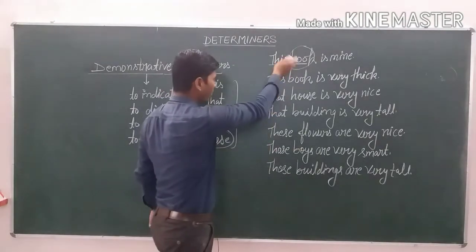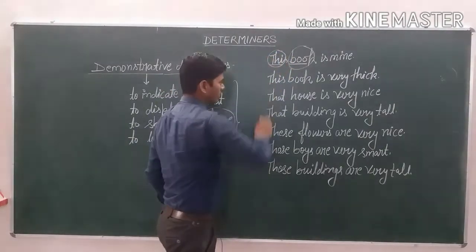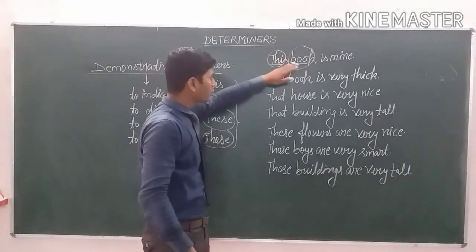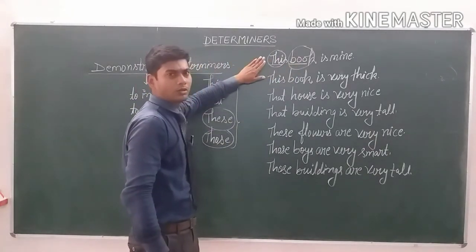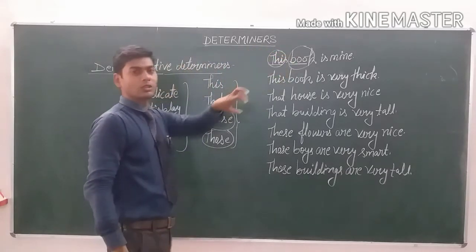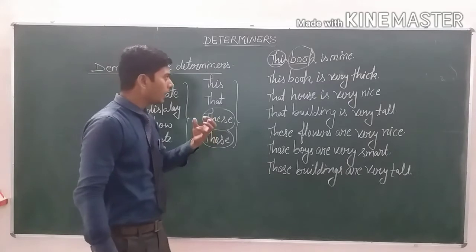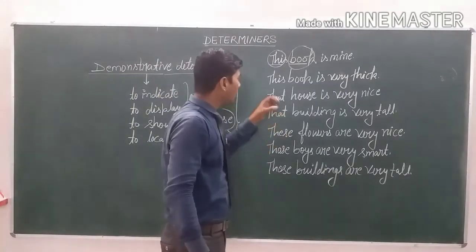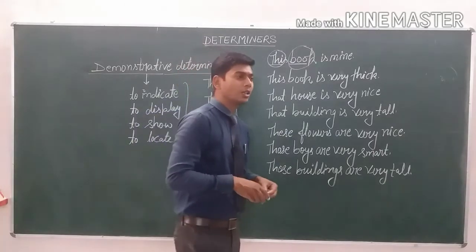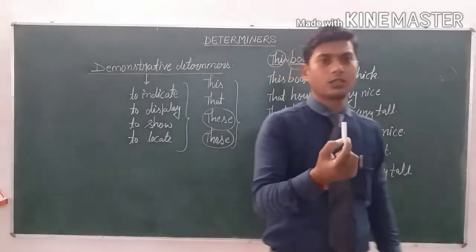And just before it we have written this. First thing is clear, the determiner is used before the noun, and according to the statement, it is realized that the book is very near.